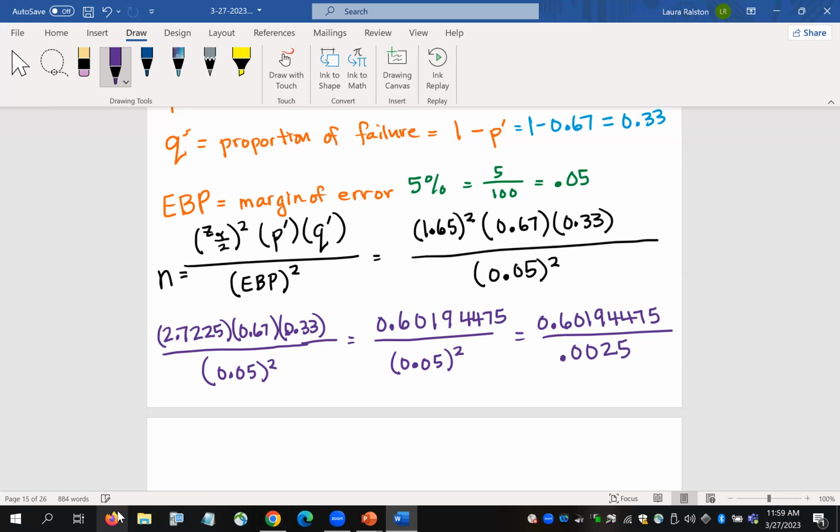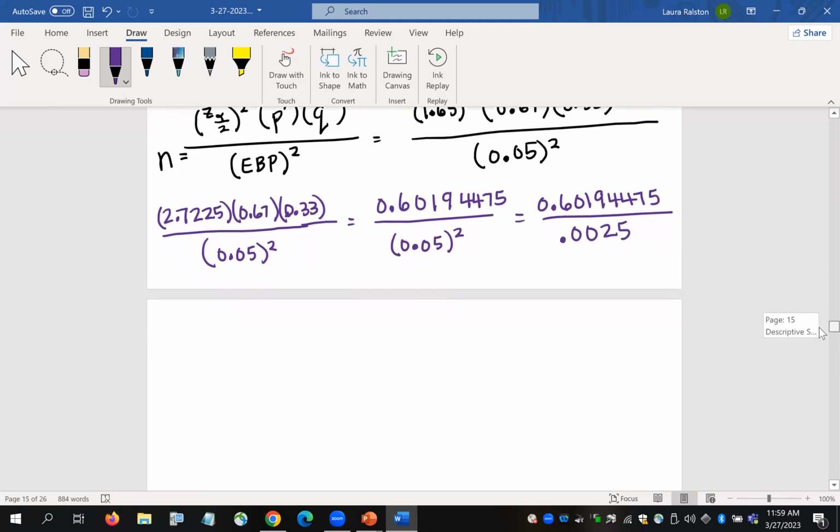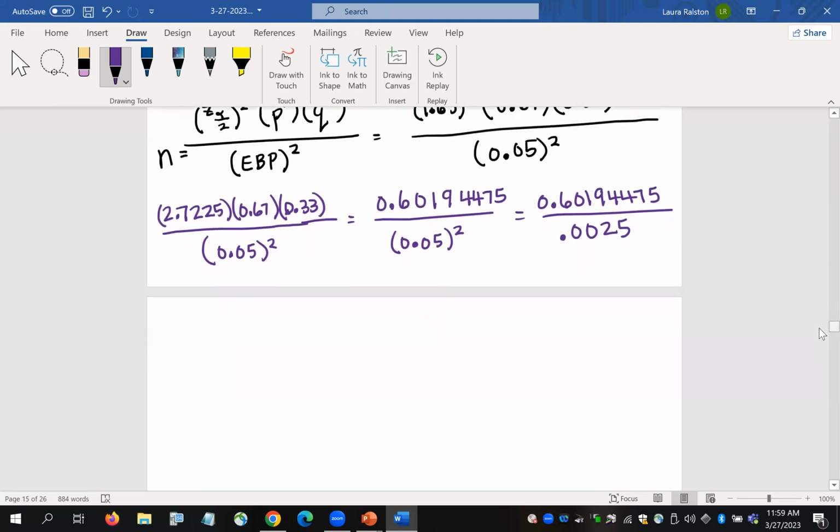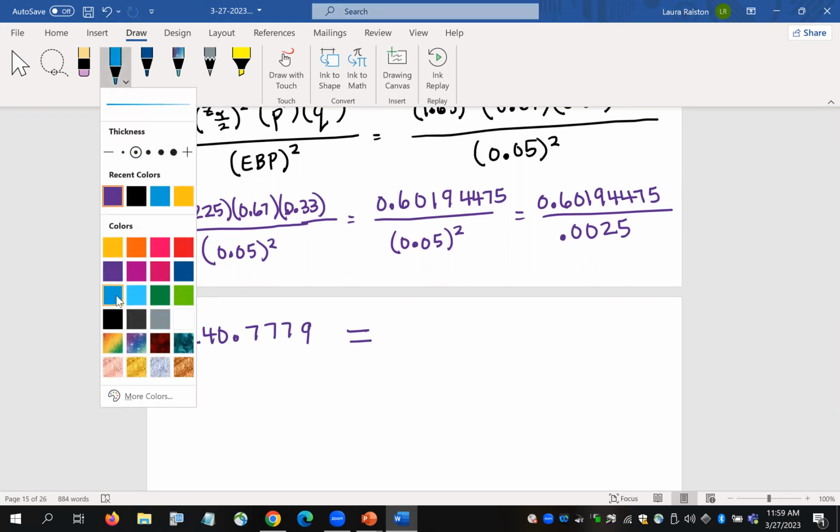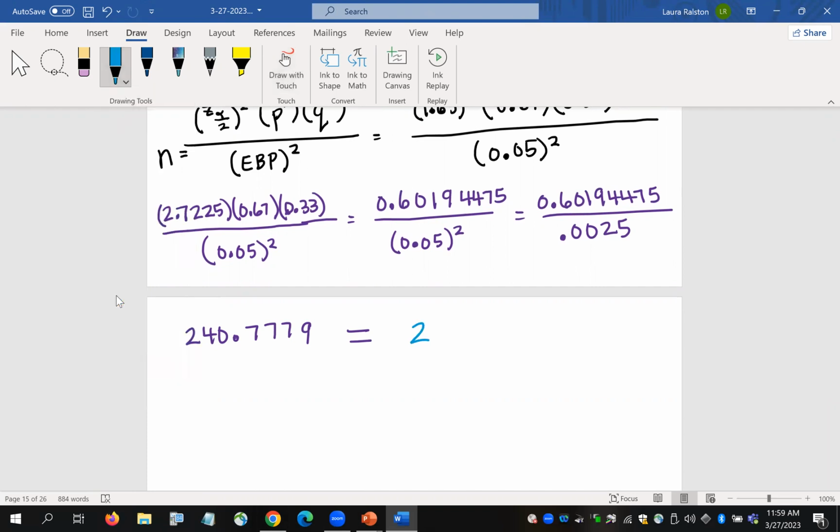Now do the division. 0.60194475 divided by 0.0025 gives me 240.7779. Again, we always round up, so this would round to 241.